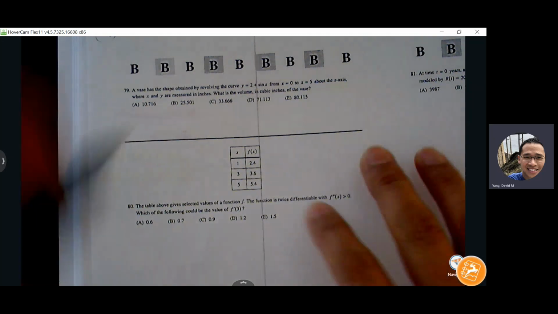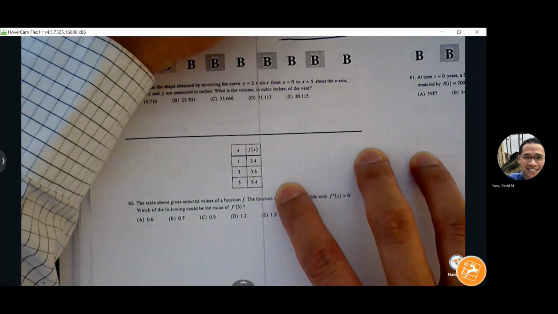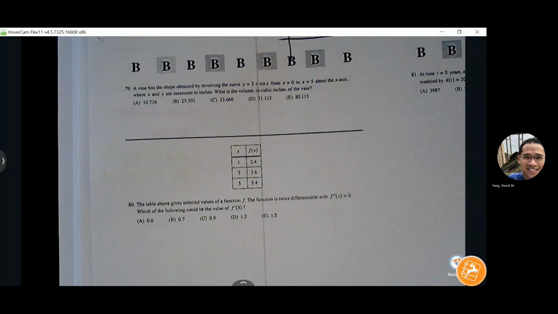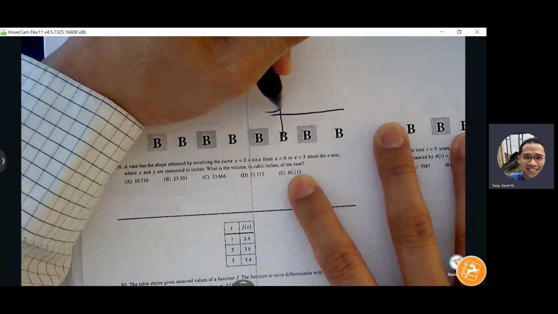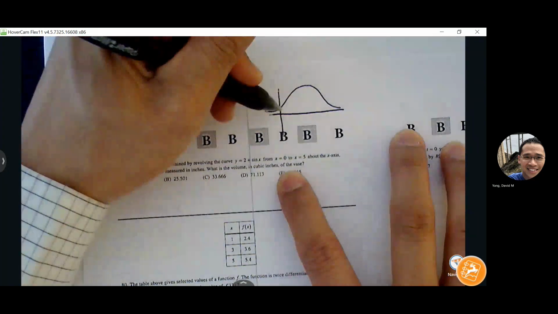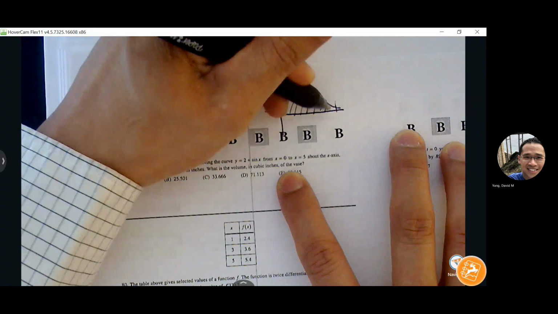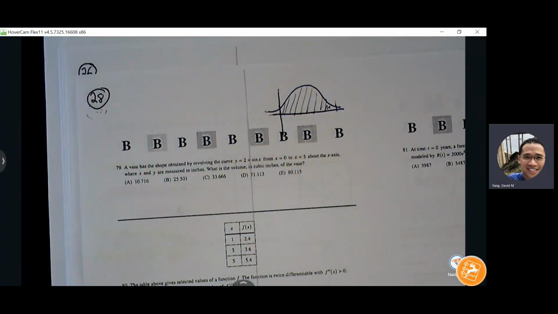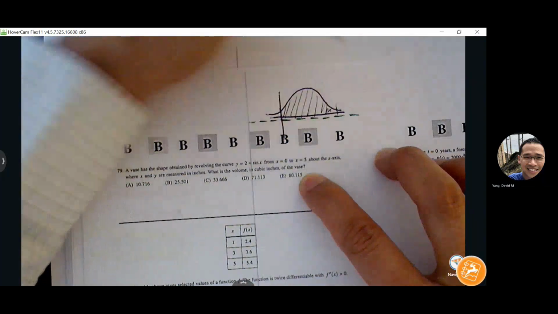We have our graph here. It's bounded zero to 5, rotated about the x-axis, so this method.